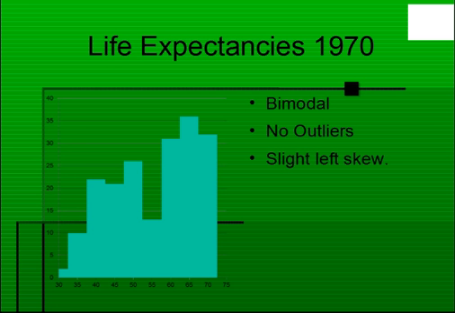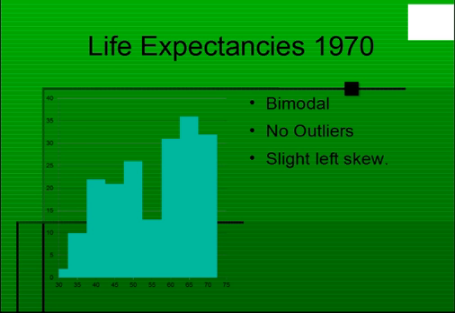The scale is just the range from the minimum to the maximum. In the previous graph, the life expectancy was starting at about 40 and going up to about 85. Here the life expectancy starts at 30 and goes up to about 75.